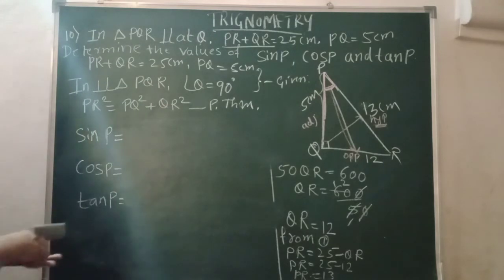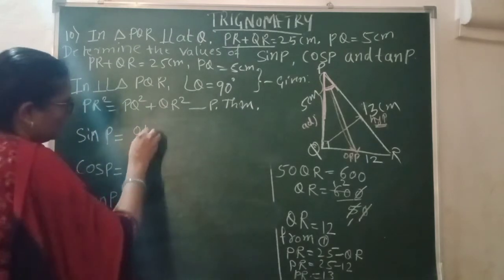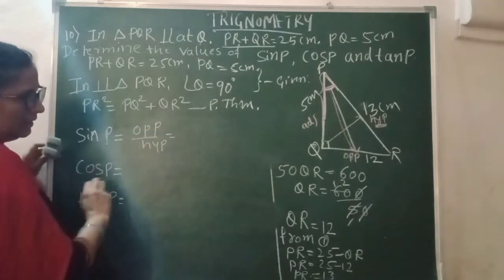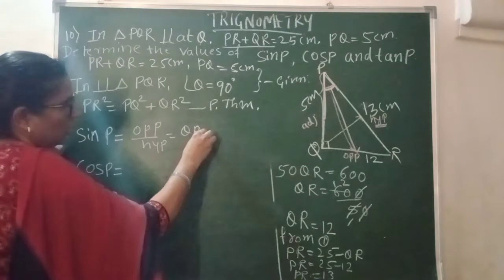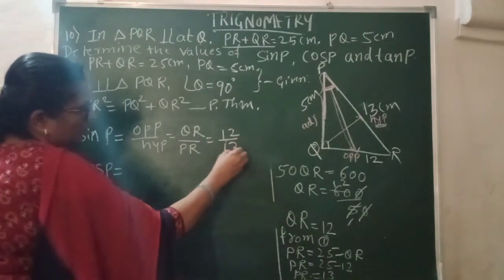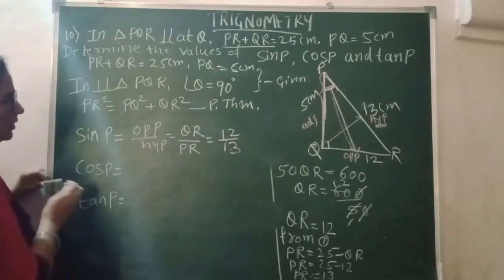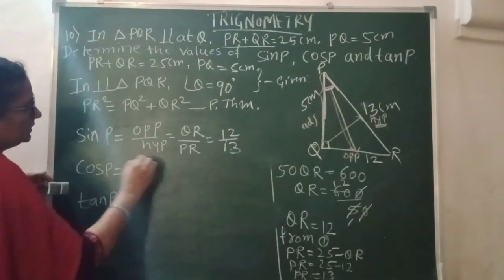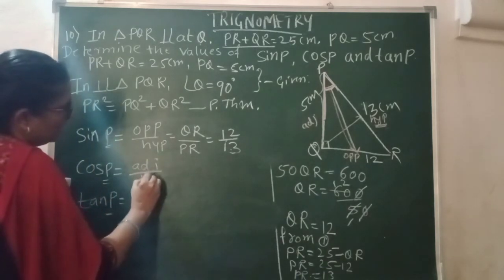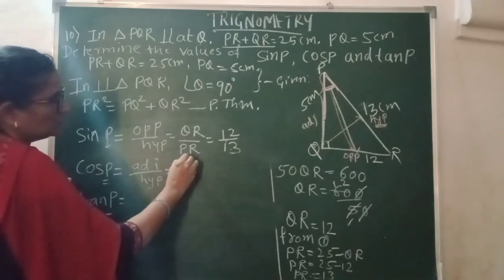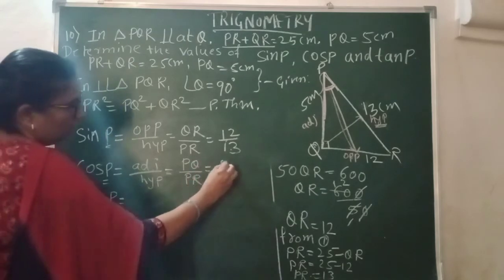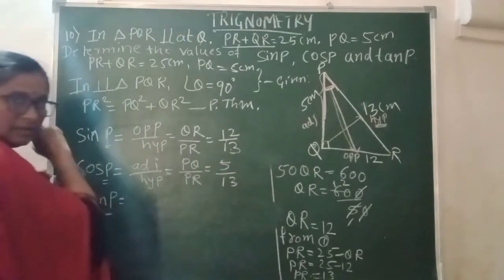Now you know that sine theta is equal to opposite upon hypotenuse. Directly you can write opposite is QR, hypotenuse is PR, so its value is 12 upon 13. Finished. Then cos P is given by adjacent divided by hypotenuse. Adjacent is PQ, hypotenuse is PR, that is equal to 5 upon 13. Once again, very simple.